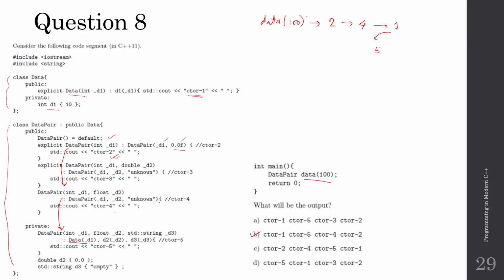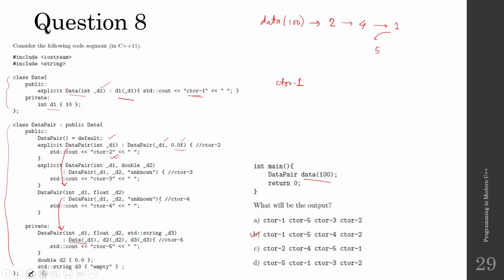If we look at how things will be printed, first this call will call 2, then it will call 4, then that will again call 1. So this constructor will initialize the value first.